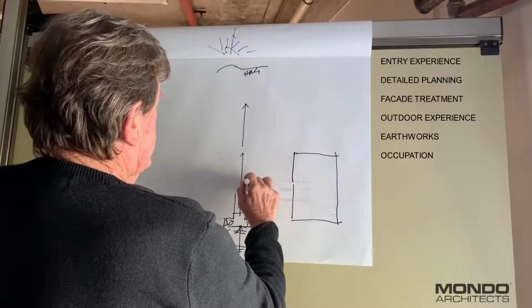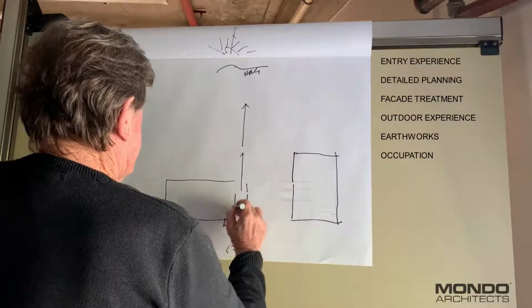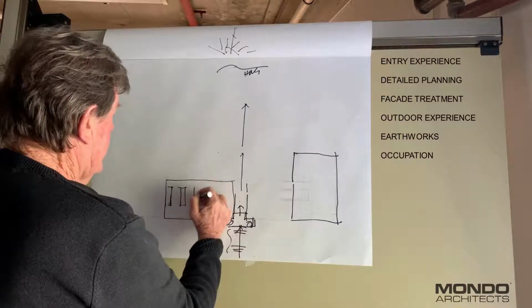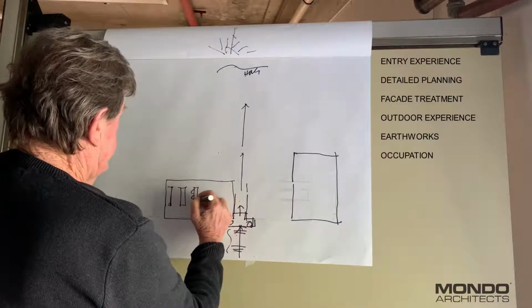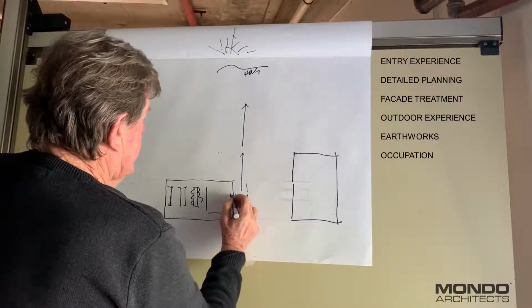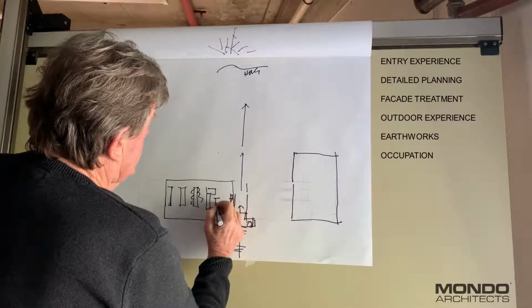The idea is we would then have the main living area of the house located in this area here, which would be kitchen, dining, and living with a television focus here and lounge chairs around here.